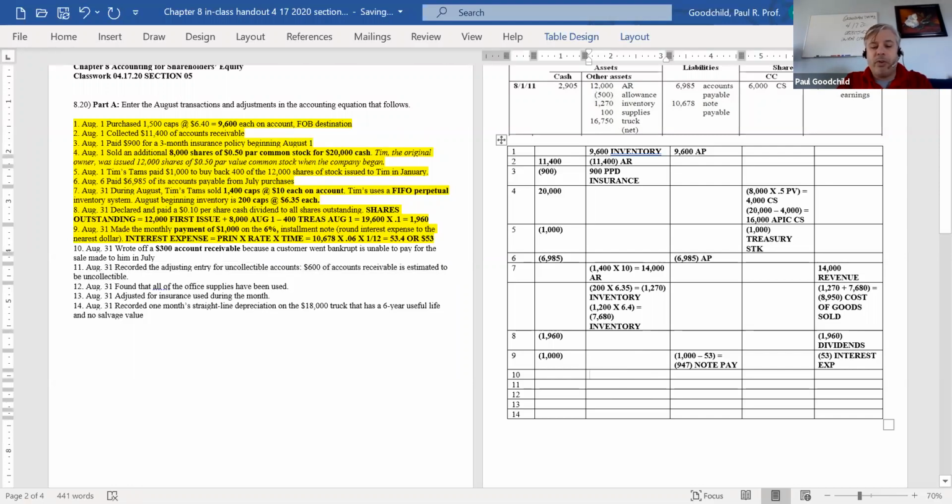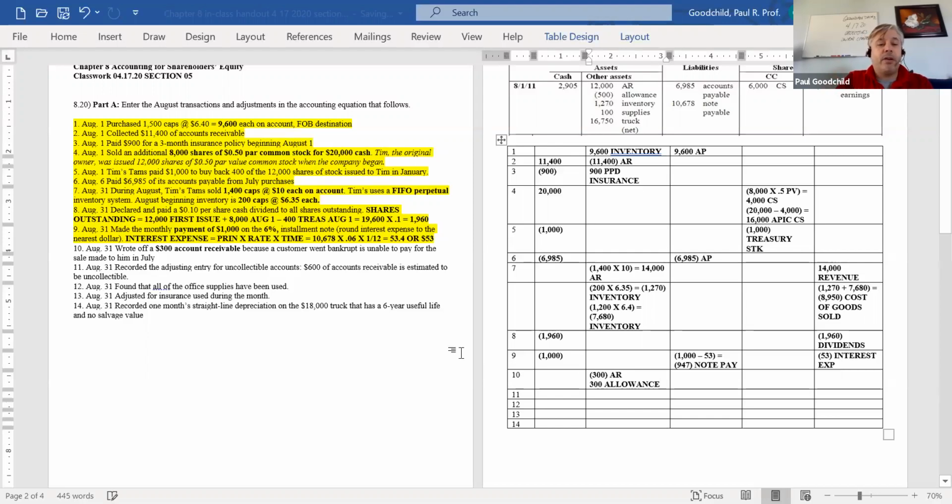So in this case, we're going to reduce our accounts receivable directly to remove that amount owed, and we're going to increase the allowance for accounts receivable by the same 300. So the transaction has no effect on our income statement.